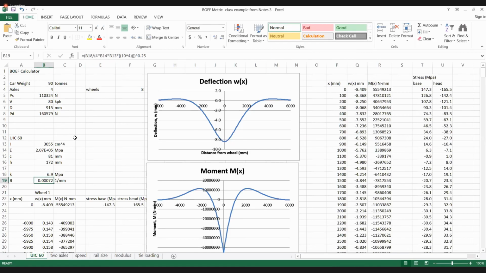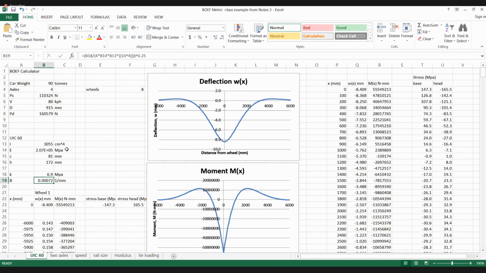Beta, we now have enough information to calculate beta. Remember beta, the fourth root of K over 4EI. So beta is equal to the fourth root of K, which is 6.9 megapascals, divided by 4 times E times I. Now we have to bring everything into millimeters.